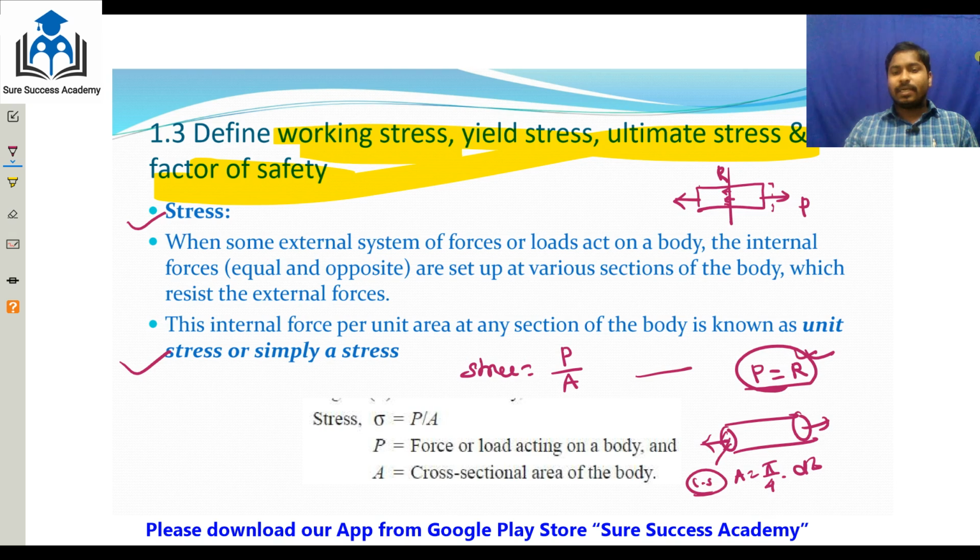If it is a rectangular bar with B as width and D as depth, the area is B into D. So stress is equal to force by area, and the unit is Newton per meter square, Newton per mm square or kgf per mm square.